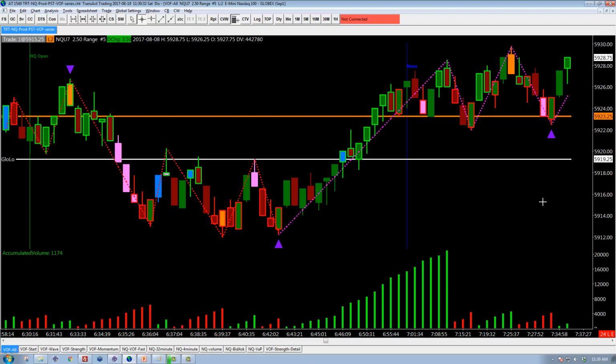Now we're going to talk specifically about how we calculate that. There's a very logical rationale for how we pick apart the order flow data and create this study. But let's just take a look at what we see here before we do that.